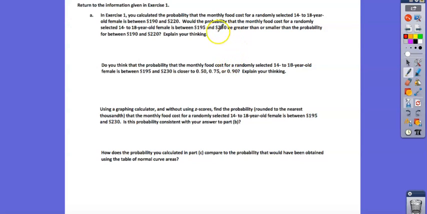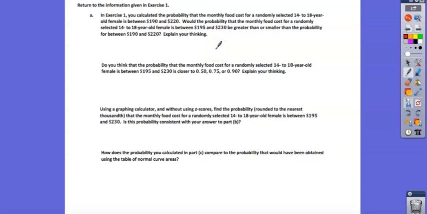Okay, so in this one, let me see what they want us to do. This is return to the information given in exercise 1. And this one, they kind of want to talk about what it means, so you're trying to interpret what you got in exercise 1.